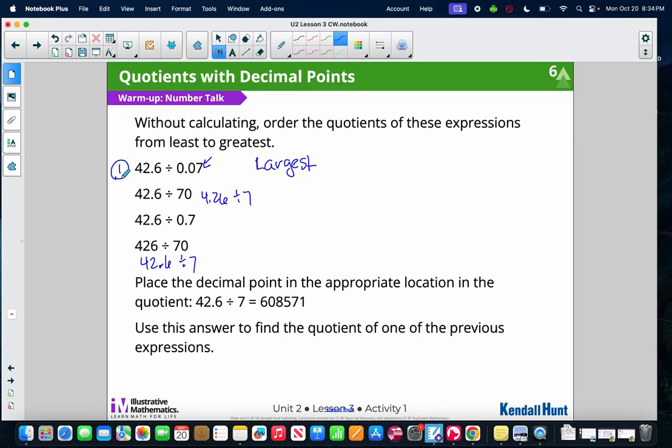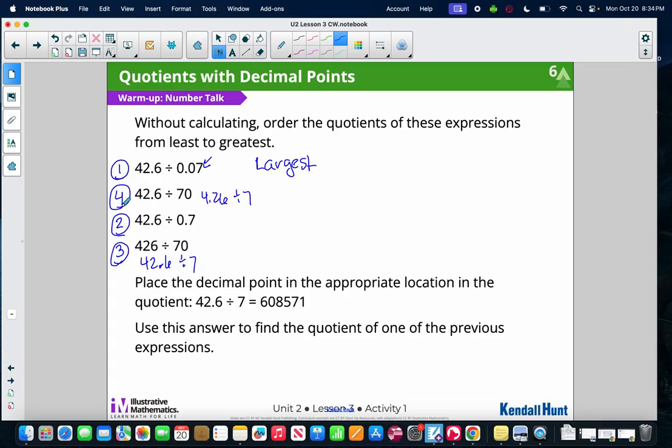Then 7/10 is the next smallest number. 7 would be the next smallest, and then 70 is the biggest divisor, so it's going to give me the smallest answer.